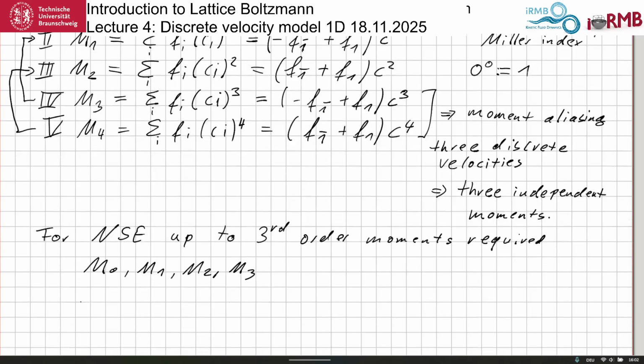What do we know about them? M0 is the mass, or lazily we sometimes say the density. This is a conserved moment. Mass is conserved, density is not, but okay, it's a collision invariant. M1 is the momentum. Momentum is also conserved, or collision invariant.